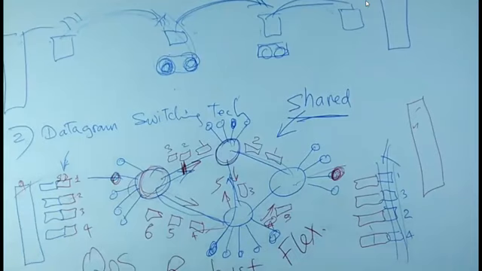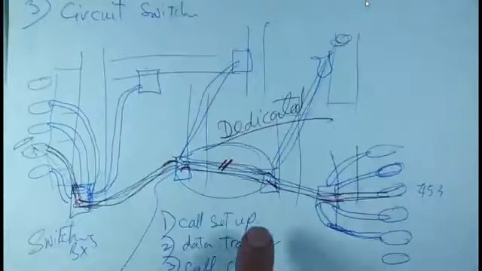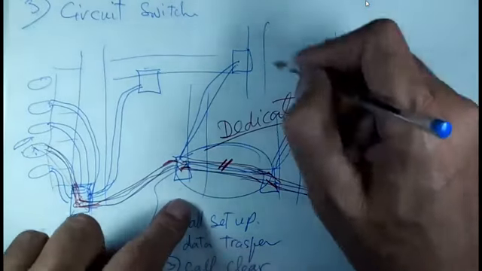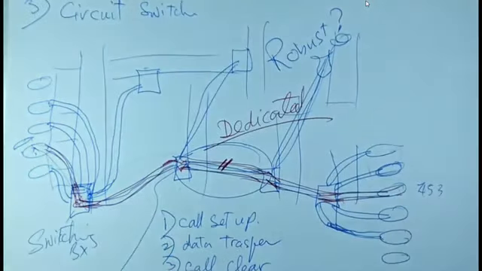What about quality of service with the datagram? We cannot guarantee it. Sometimes it's good, sometimes it's bad, depends on the traffic. But with the circuit switching, is it robust? It is not. If that link along the route breaks, you lose the call. Can you change the route?